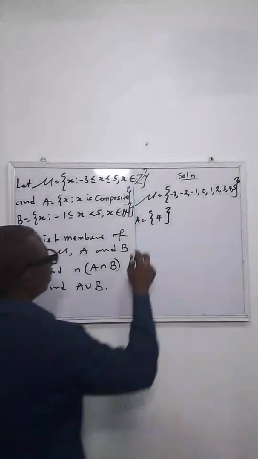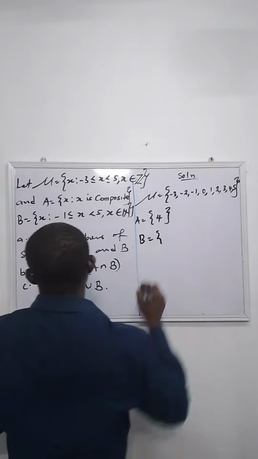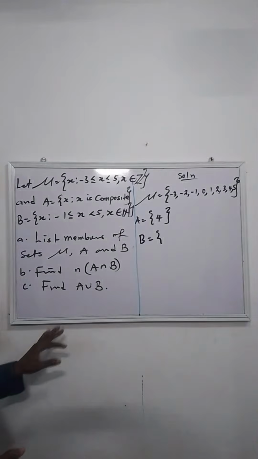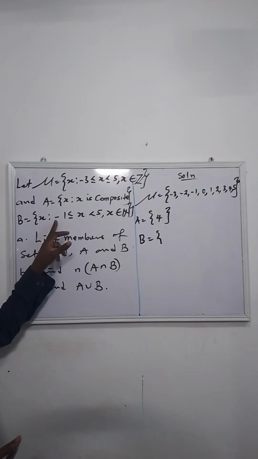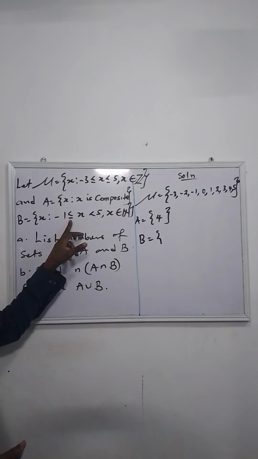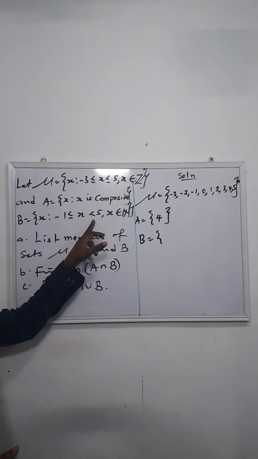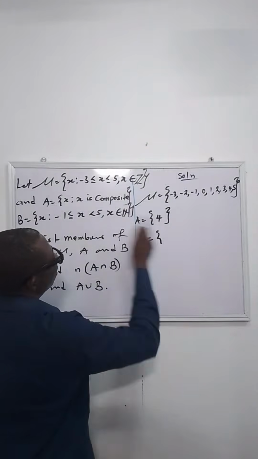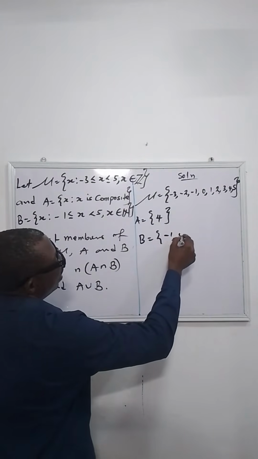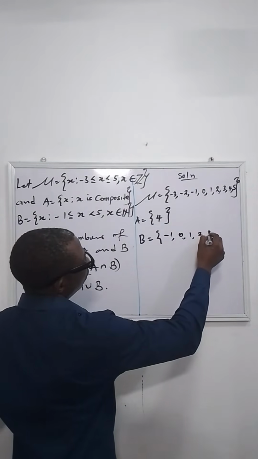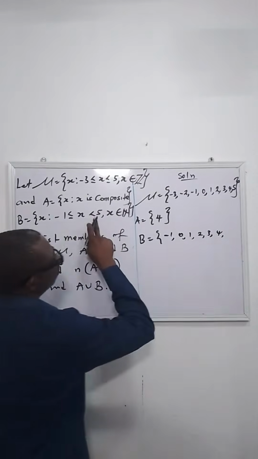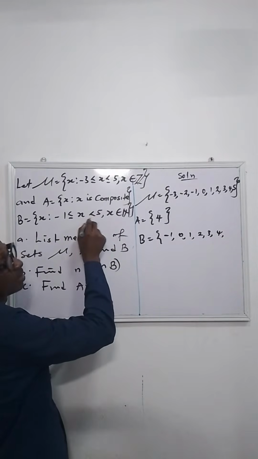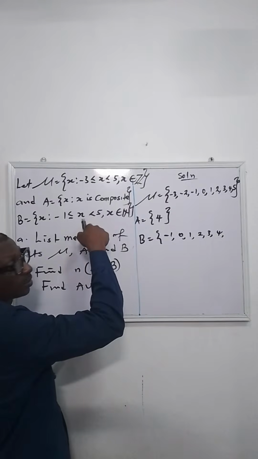Now let's look at the third set, B. B is the set of x such that negative 1 is less than or equal to x, and x is less than 5. If you list these numbers, we have negative 1, 0, 1, 2, 3, 4. You must not include 5 because there's no equality sign here, so 5 is not inclusive.